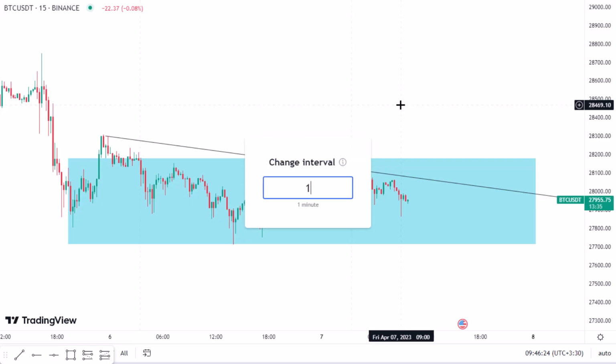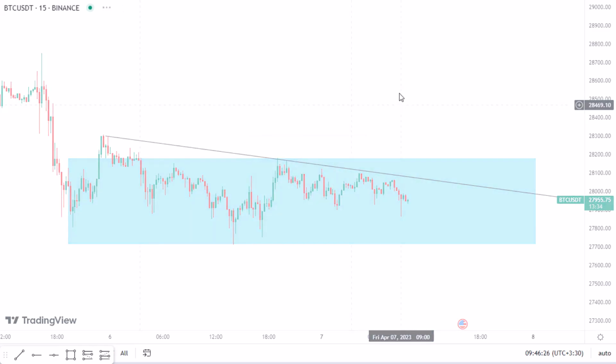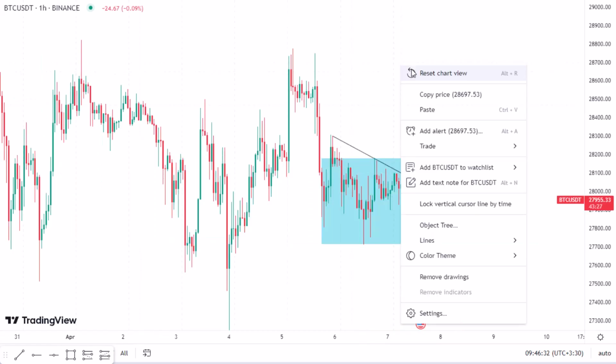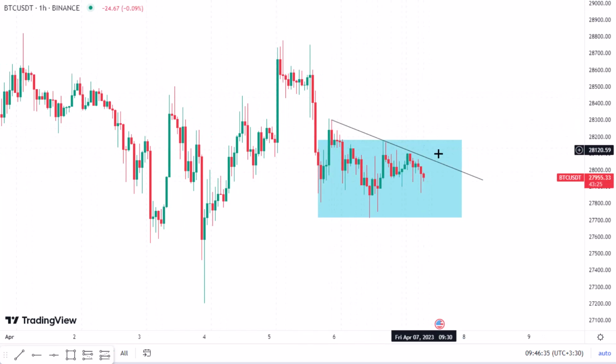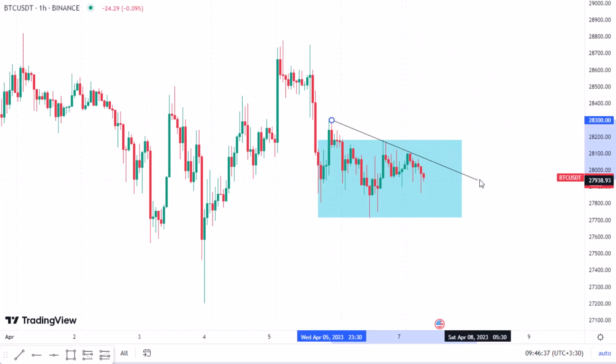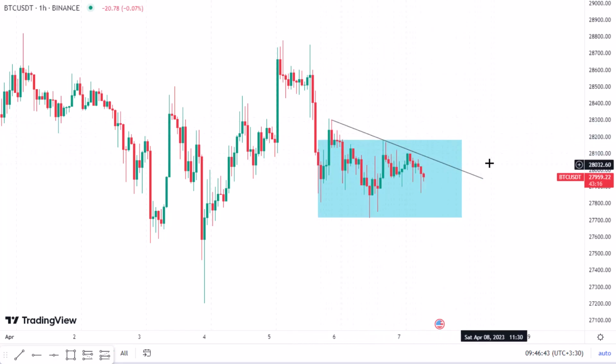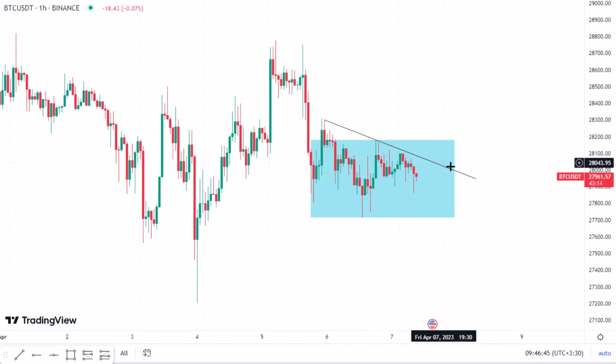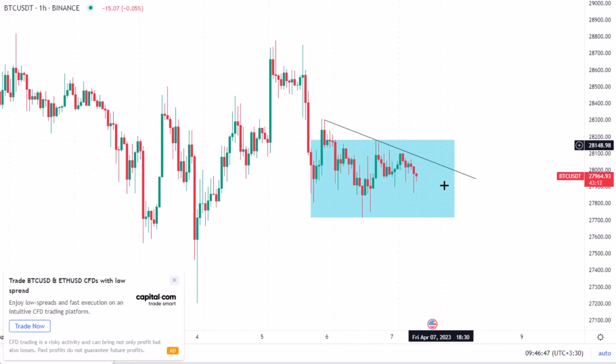In the bigger time frames, like 1 hour, yeah, we have a trend line here. A trend line like this, starting from here, and it has 2 touches yet, but you know it can be broken in the future.